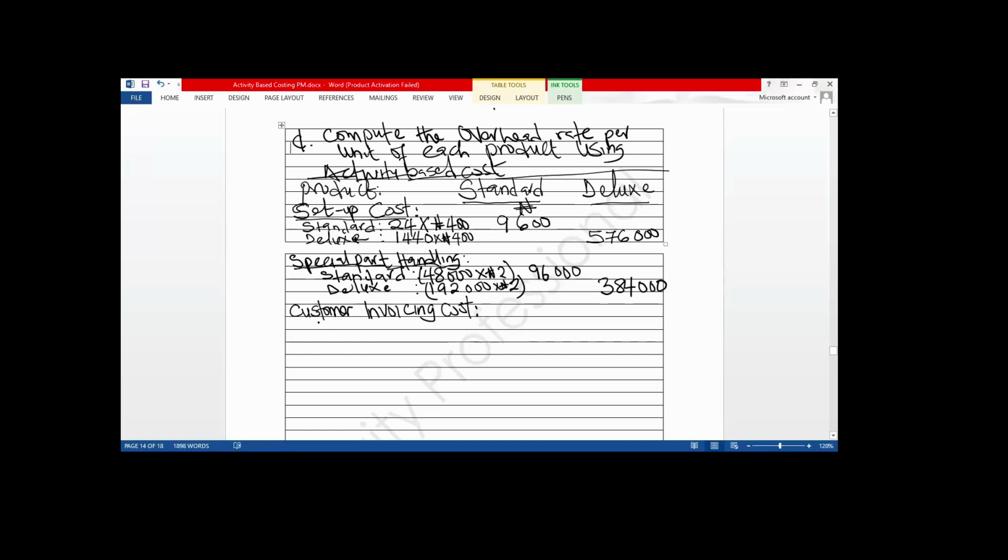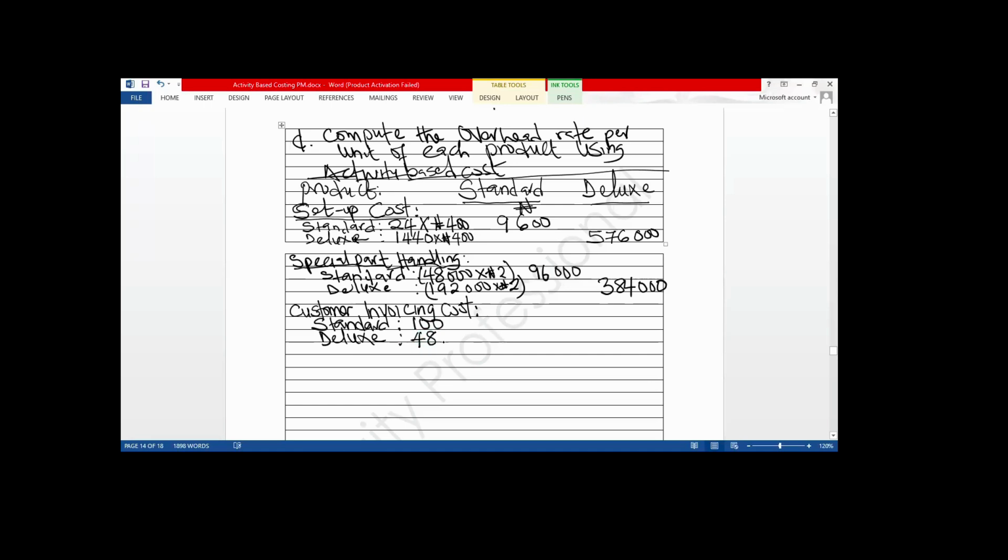You now come here. You have standard, you have dealers. How many invoices for standard? 100 invoices. How many invoices for dealers?